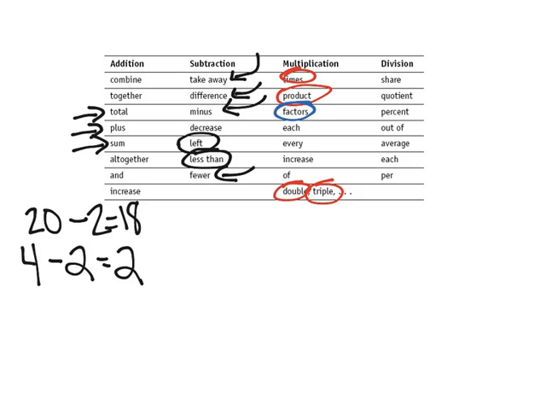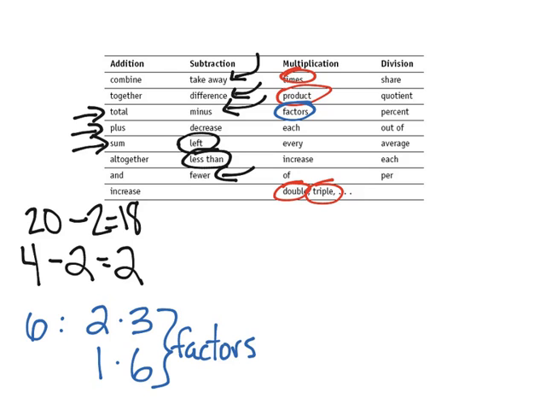To remind you, factors of a number are 2 numbers that multiply to give you the original number. For example, the factors of the number 6 are 2 times 3 and 1 times 6. These here are the factors of 6.